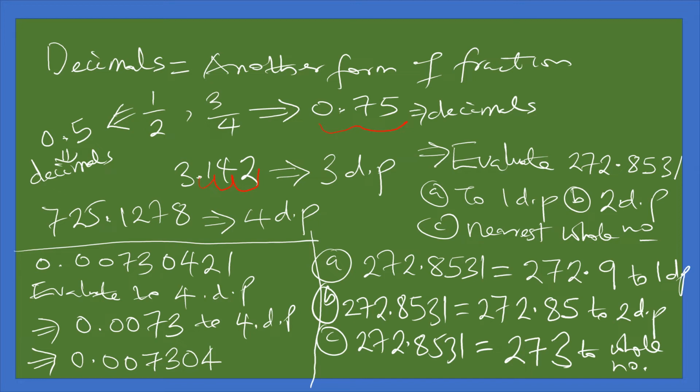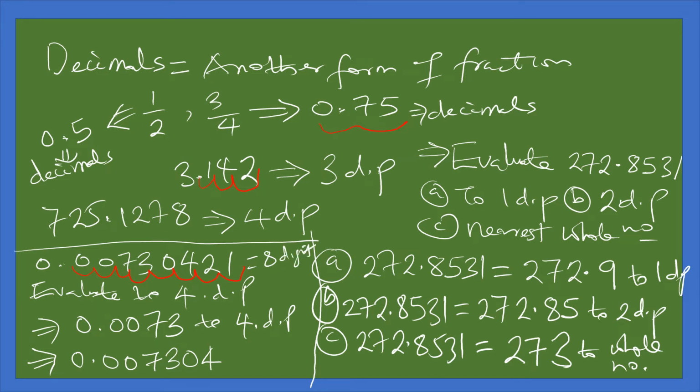Now we have how many digits after the point? We have 1, 2, 3, 4, 5, 6, 7, 8. If you look at this now, we have 8 digits here.